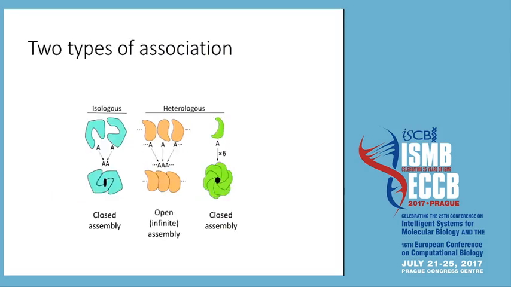With that, we see that when an isologous interaction happens, this kind of complex forms, and that complex must have a two-fold symmetry to be isologous, and you directly have a symmetric assembly which is closed. There are no open interfaces there. Then in the heterologous case, there are two possibilities.